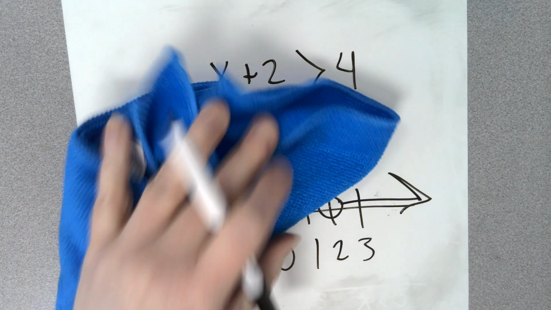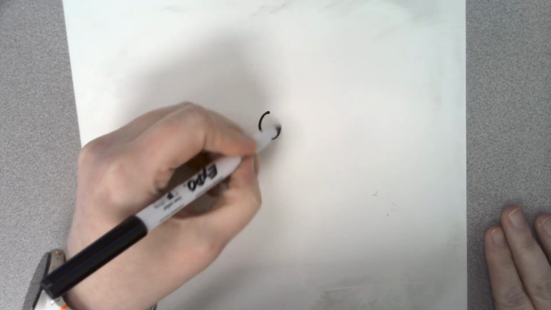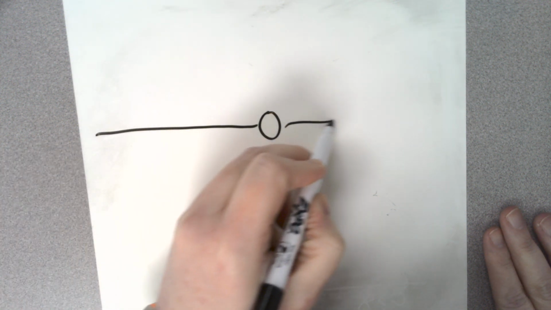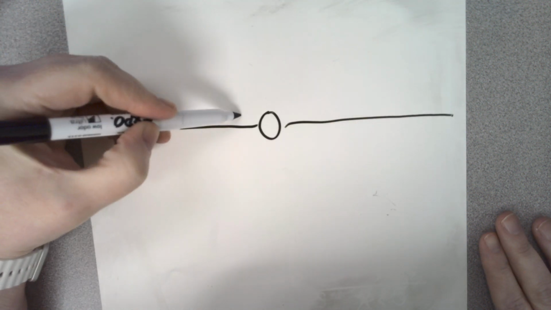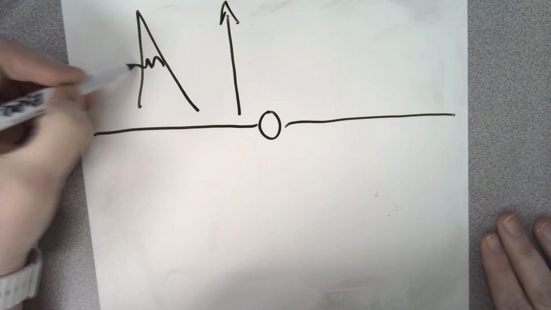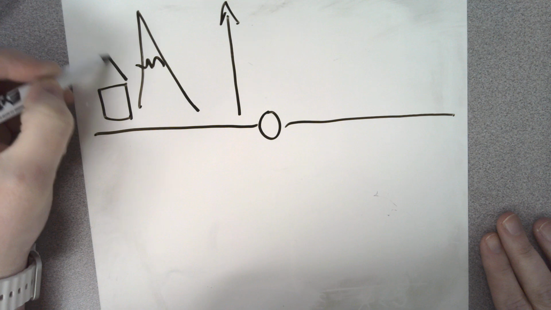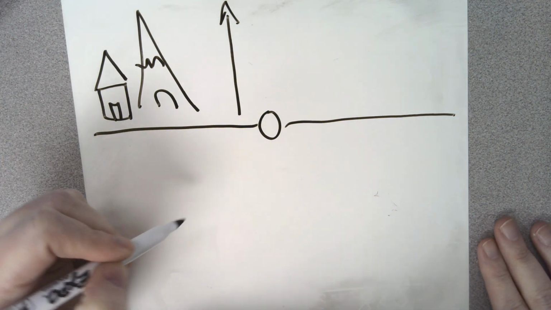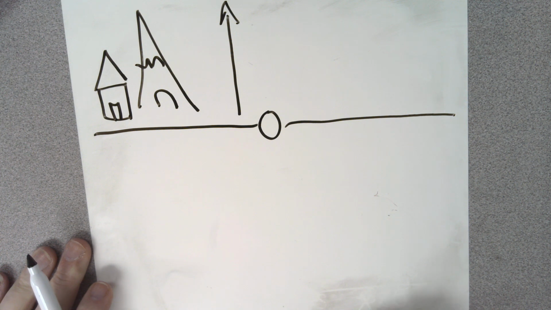So then we're going to talk about absolute value as distance. If you ever heard, sea level is at 0 on the planet. And anything above sea level is a positive number. So mountains, houses, caves, they're all above sea level.